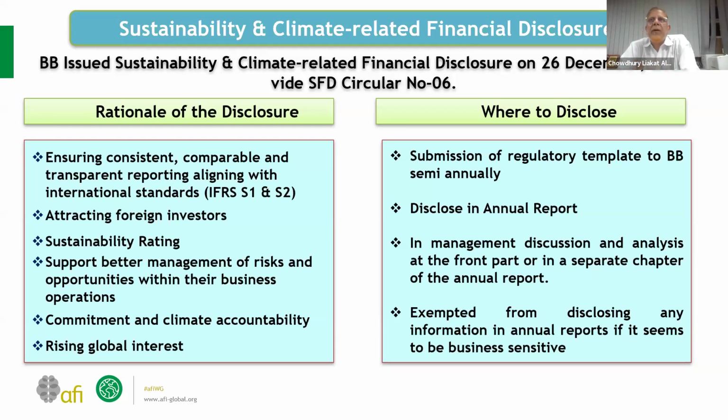Every bank and finance company should disclose their climate and sustainability-related risks and opportunities in its balance sheets biannually or semi-annually. In the case of disclosing materials, if any bank or finance company thinks that some information is very business sensitive and they are not likely to disclose it in the annual report, it is possible, but the bank or finance company has to obtain prior approval from the central bank, that is Bangladesh Bank. And next slide, please.